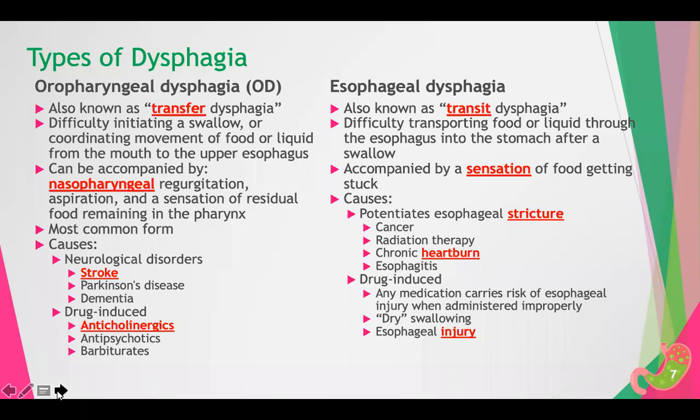And then we have barbiturates or other CNS depressants, because CNS depressants decrease awareness and decrease voluntary muscle control. You can also include anything with anticholinergic activity like TCAs, and muscle relaxants. Any of these things can cause difficulty swallowing.